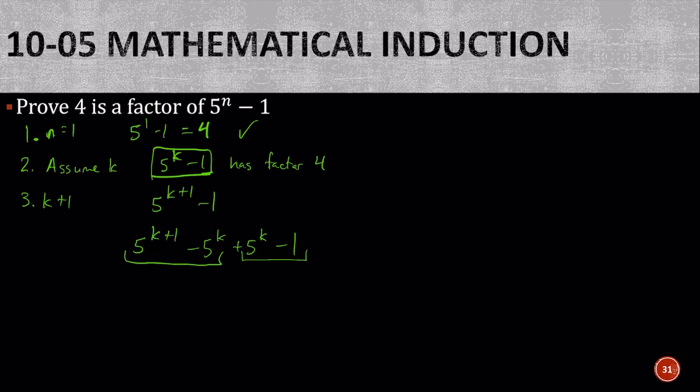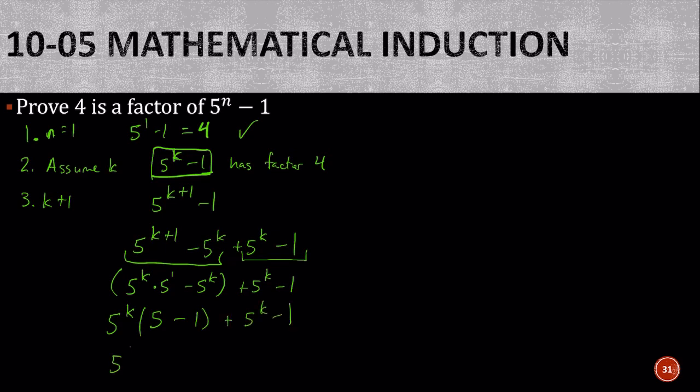So what could we do? Well, we could take the 5 to the k plus 1 and rewrite it as 5 to the k times 5 to the first. Then, if we group that, we could factor out 5 to the k, and it'd be times 5 minus 1.